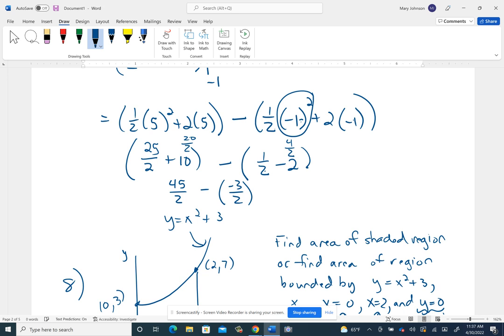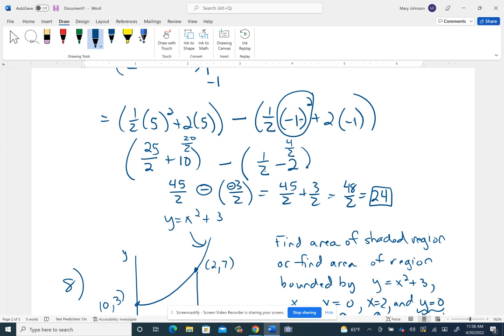Or think about it like a mixed number. You have 2 that's negative, and you're adding up 1/2. You'd be at -1.5, -3/2. But there was a minus a negative. So that's really 45/2 plus 3/2, which gives you 48/2, and that simplifies to just 24.